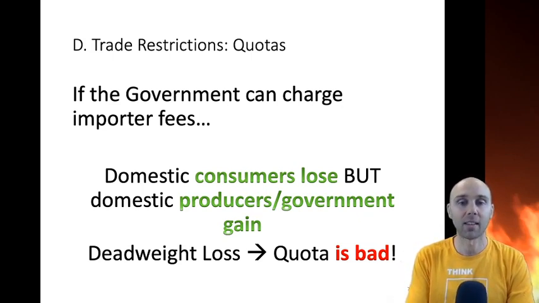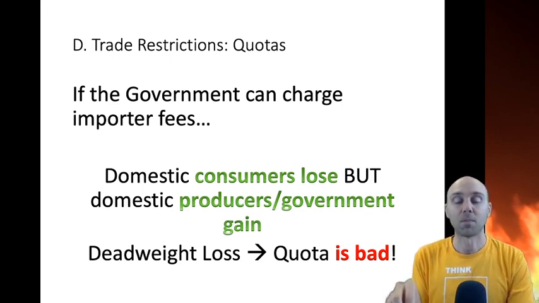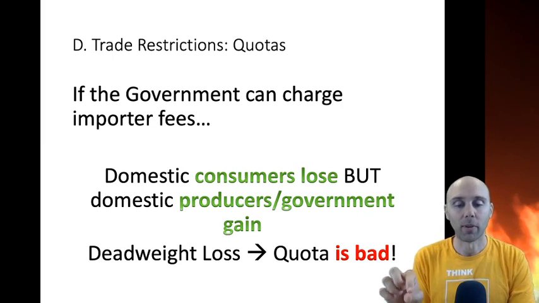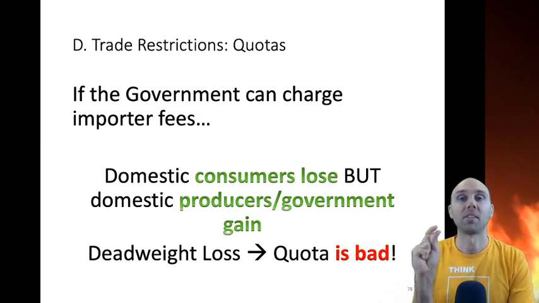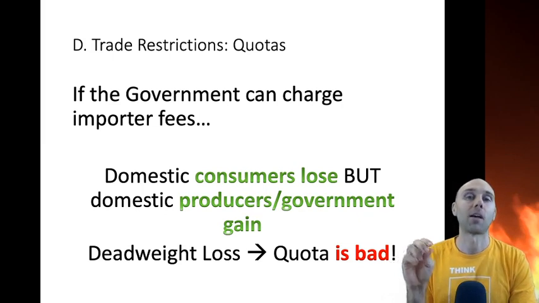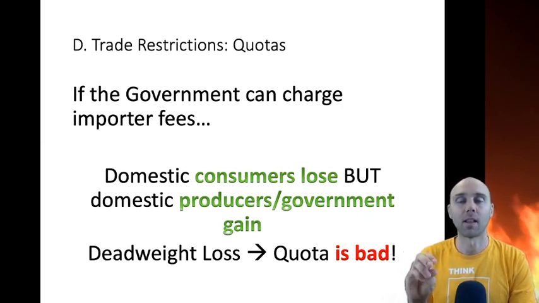The second thing is that when negotiating multi-country trade deals, it's much easier to come up with a consistent percentage tariff to be applied across countries than it is to come up with quota amounts, these numbers that would change from country to country.